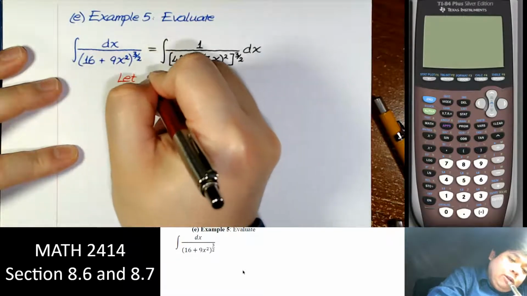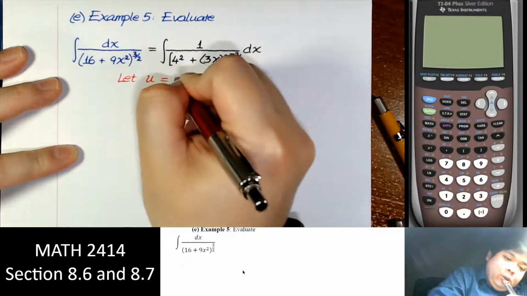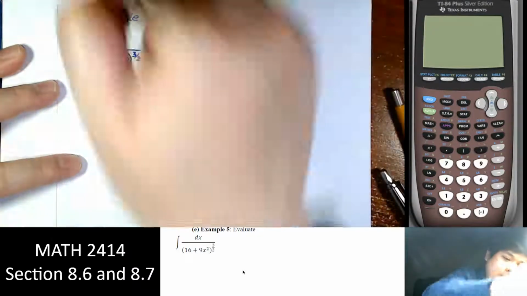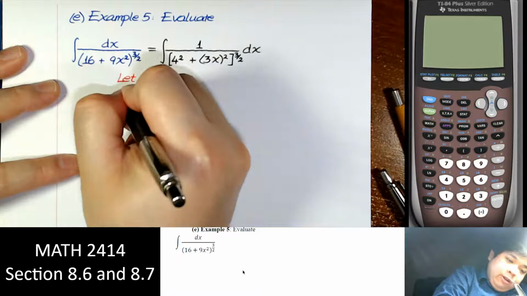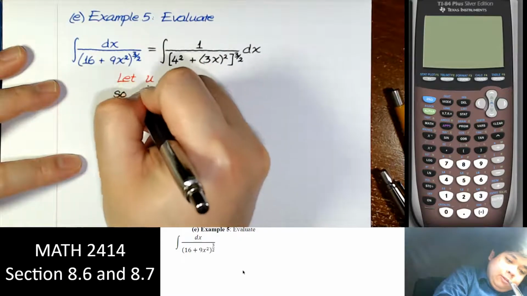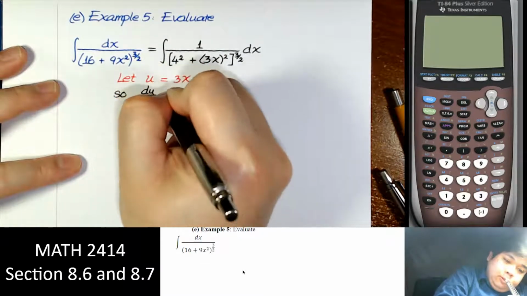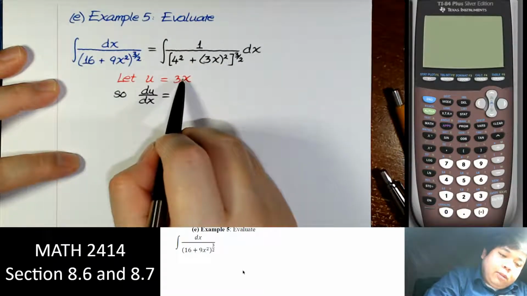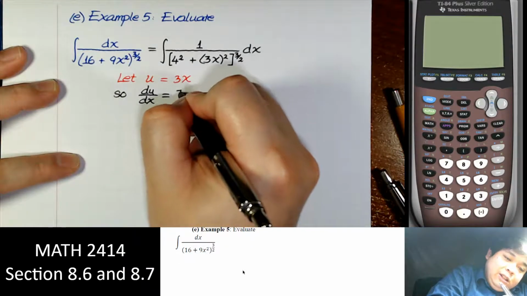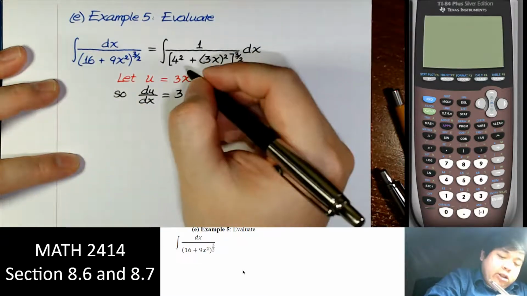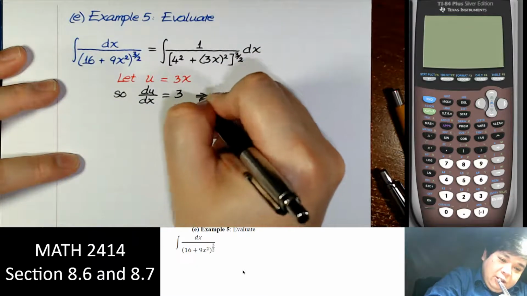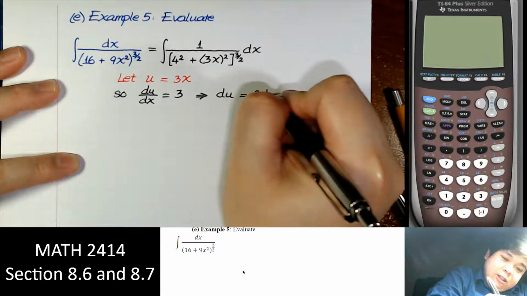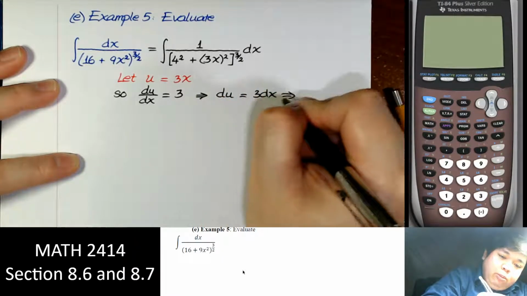Let u be 3x. So we'll have derivative is going to be 3 and move the dx over. We have du equal to 3 times dx, or we divide by 3.